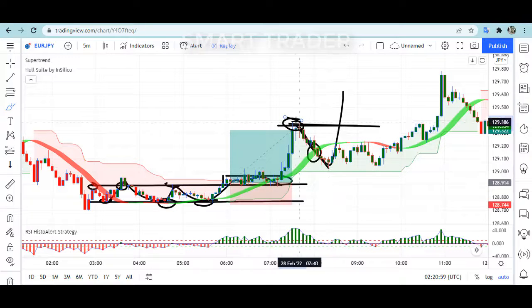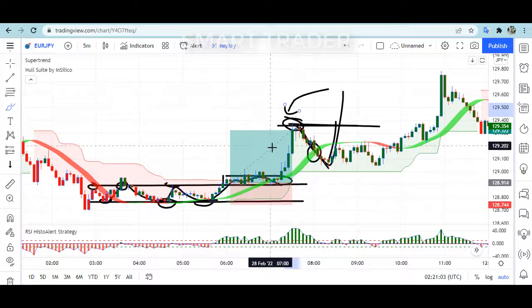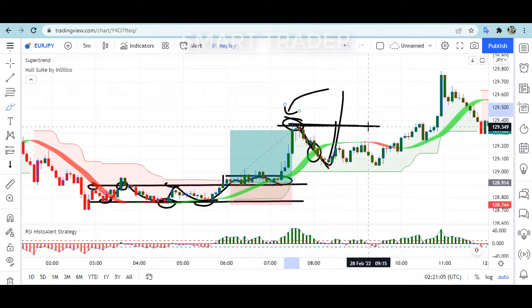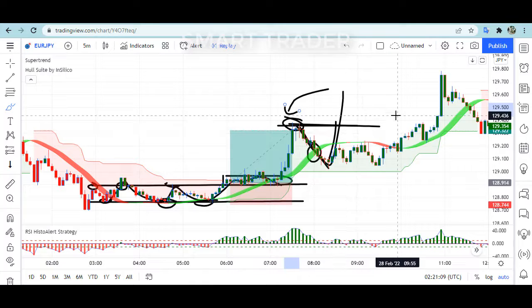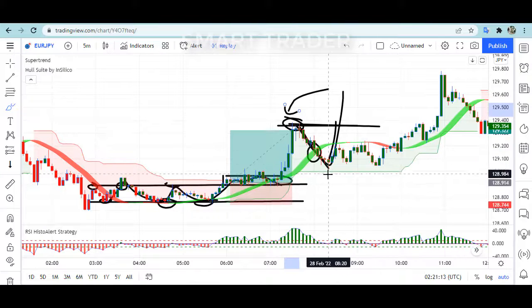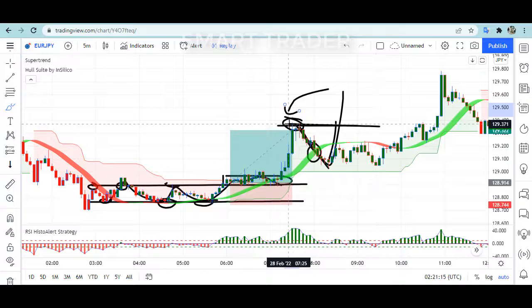If the price cannot break through the swing high, the bullish premise is no longer valid, so we should close the trade here.